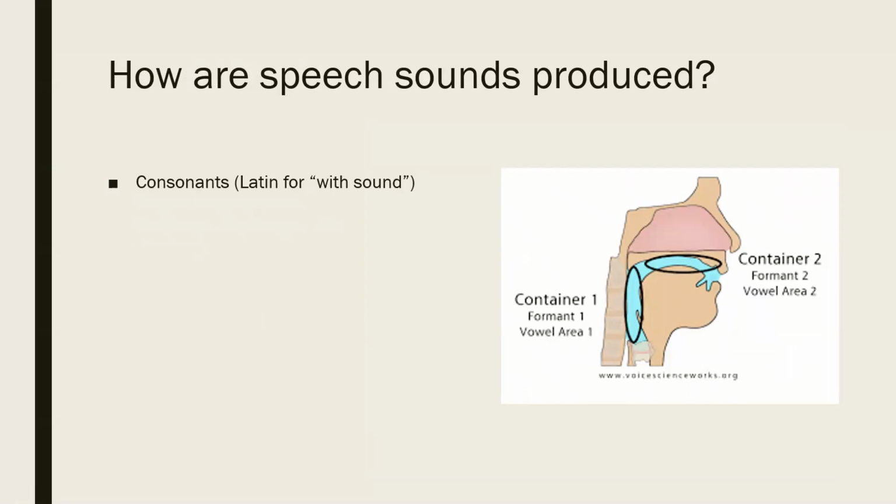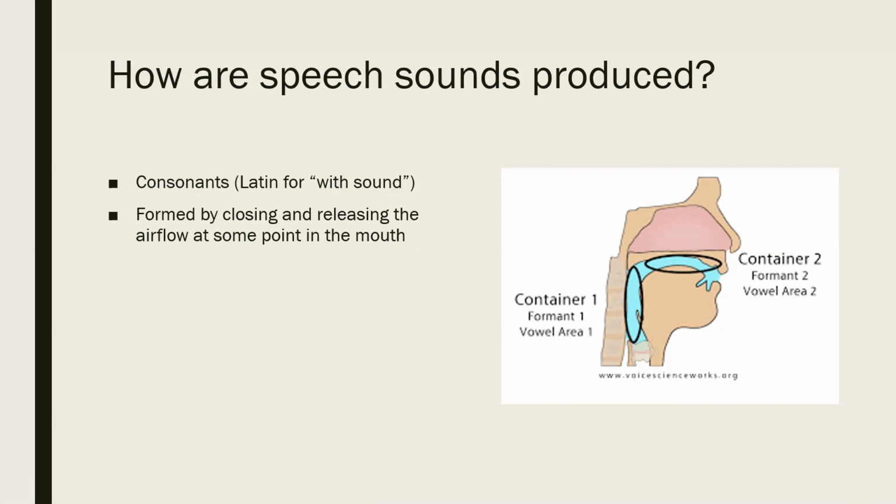Now, when it comes to consonants, we have to describe them a little bit differently. The word consonant itself actually comes from the Latin for "with sound", which tells us a lot about how consonants work. Consonants are, generally speaking, formed by closing and releasing the airflow at some point in your mouth.